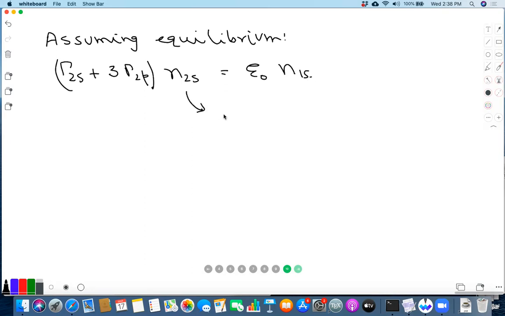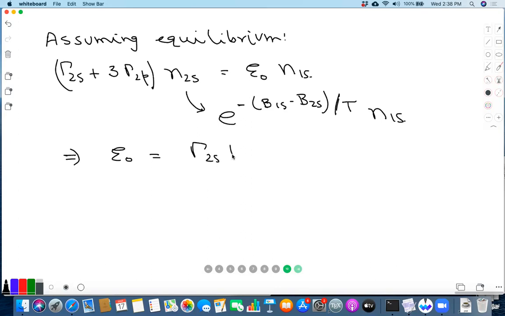And now you are going to use the fact that N2S is e to the power of minus B1S minus B2S, to get E naught. Is this clear?